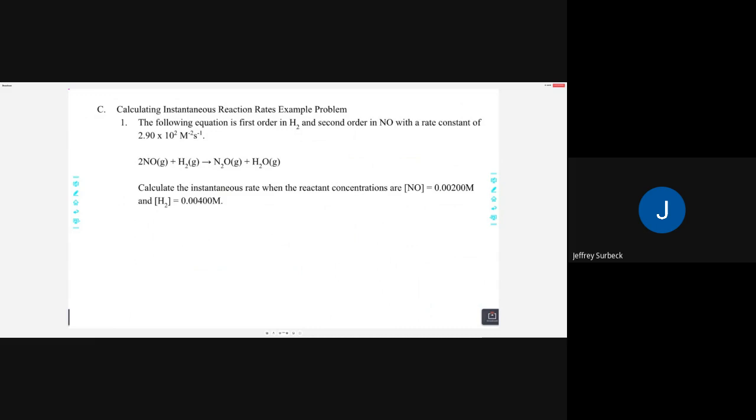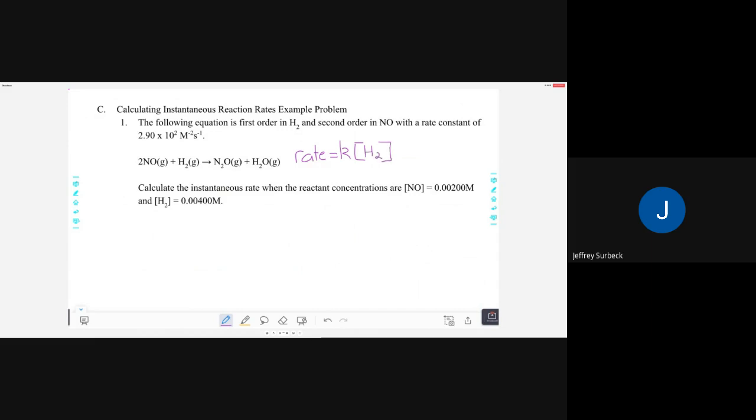So the first priority is to write out the rate law. Before, we took time and looked at experiments, but now all we have to do is this. We just say rate equals K times the first substance, which is H2, in brackets.